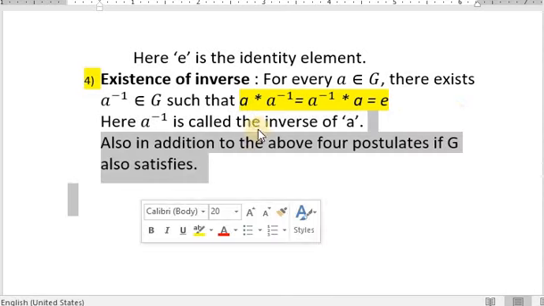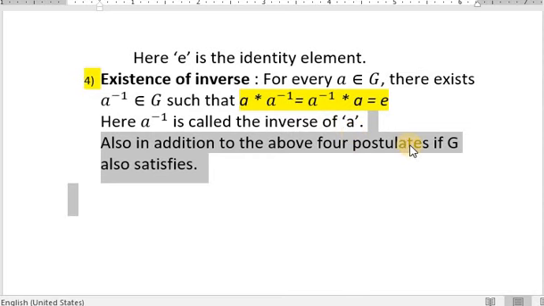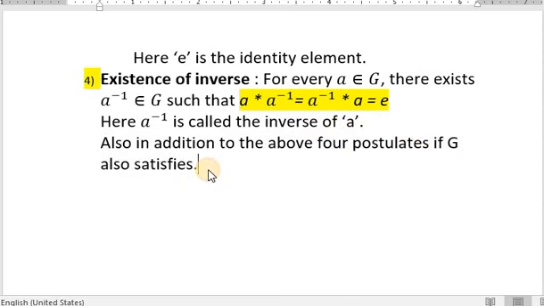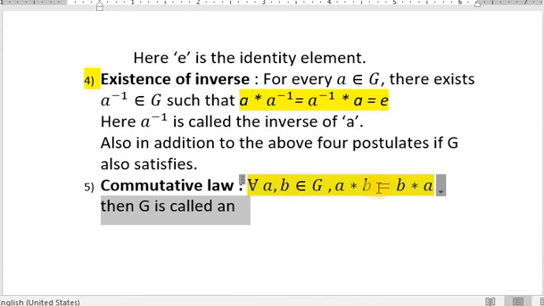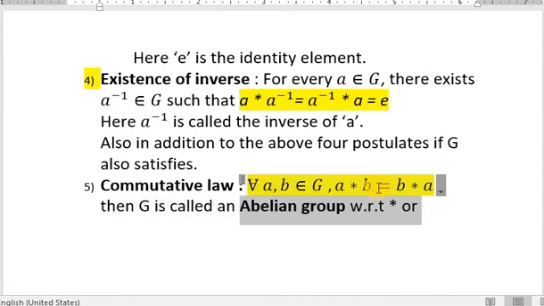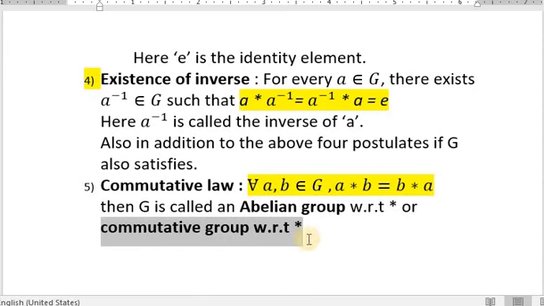In addition to the above four properties, if G satisfies the commutative property, then we call this a commutative group. The commutative property is: for all A, B belongs to G implies A star B is equal to B star A. Then the group G is called an abelian group, or a commutative group.